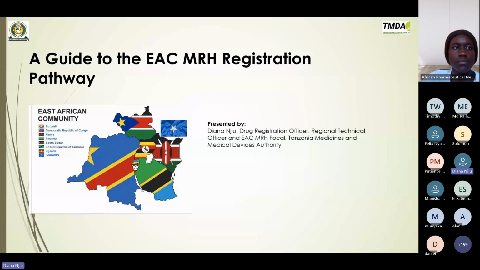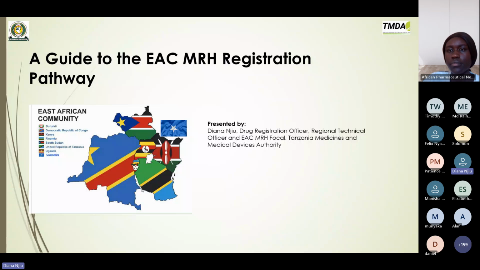Today we're going to discuss the guide to the EAC MRH registration pathway. The presentation is going to give a thorough overview of how the East African Community Medicine Regulatory Harmonization registration pathway aims at streamlining the approval process of medical products in the region.